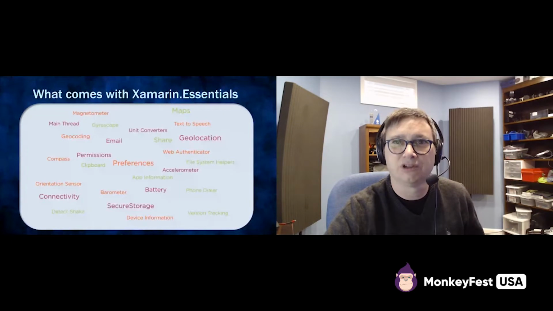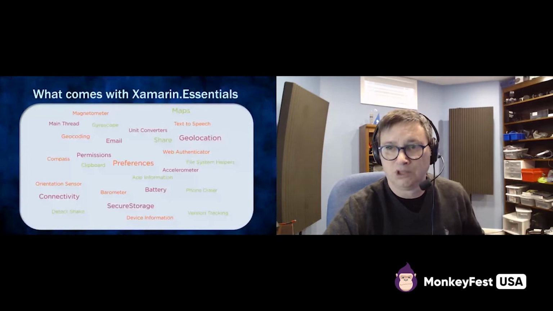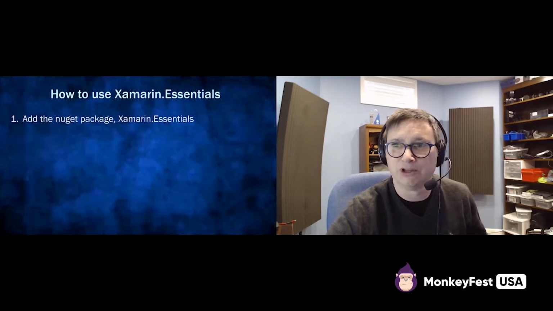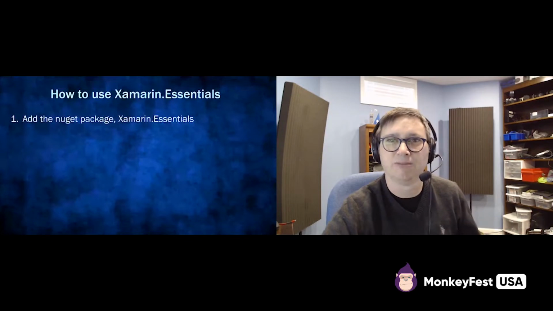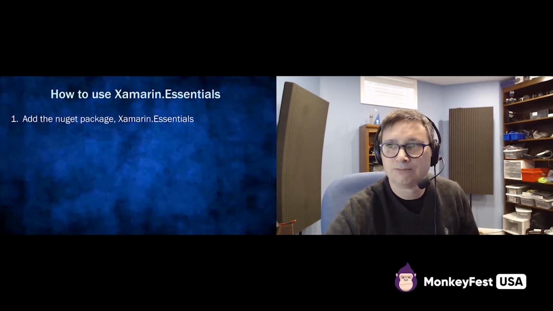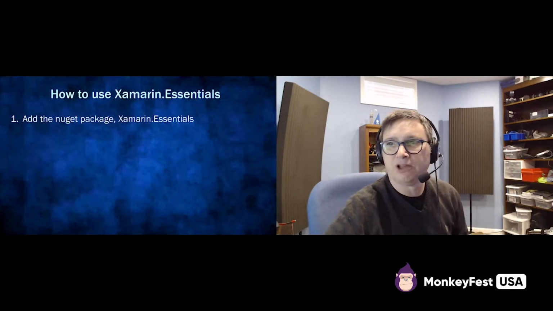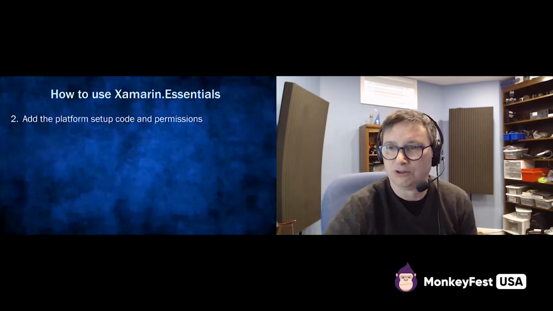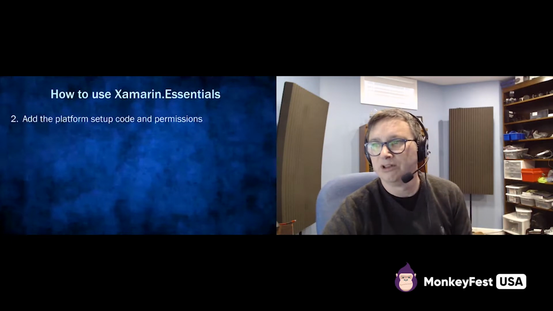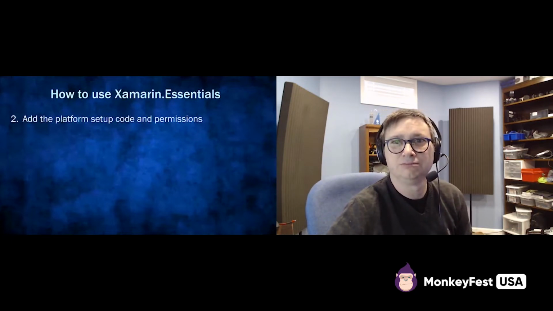So how do you use Xamarin Essentials? Well, if you have a new project, you're getting it out of the box already. But for older projects, you just need to add the NuGet package, Xamarin.Essentials. It's pretty easy. Install-Package Xamarin.Essentials. Then you add the platform setup code and permissions. This is mainly an Android-specific feature where you just call Xamarin.Essentials.Platform.Init and you pass in the bundle.